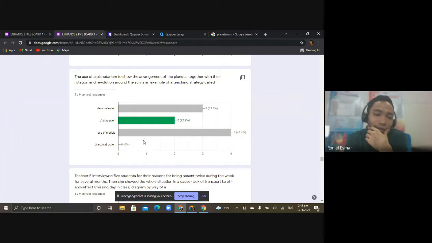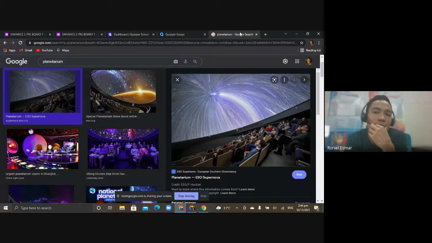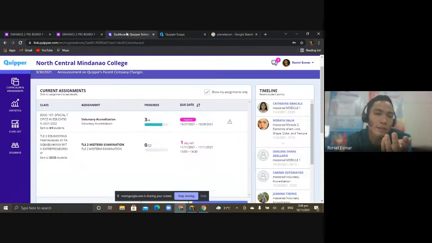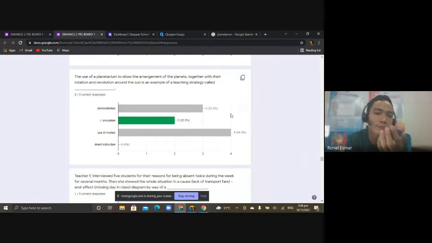It's not the use of models also. It is not the use of models, because a planetarium example isn't a model. It's more that you are allowed to experience firsthand the situation, the movements of the planets, the rotation, and the revolution. It's almost the same thing as saying simulation.